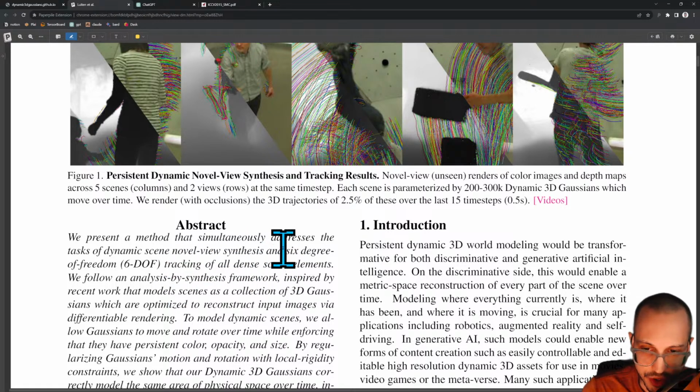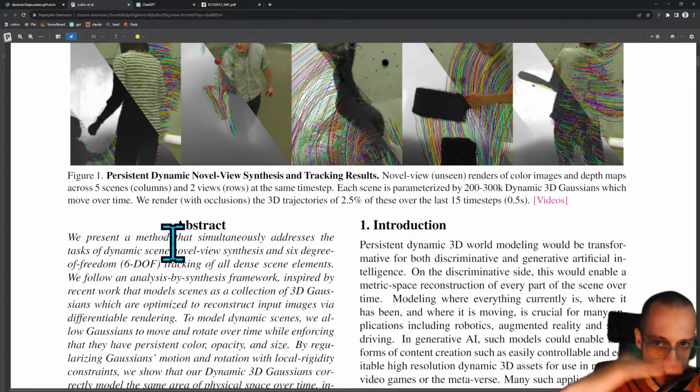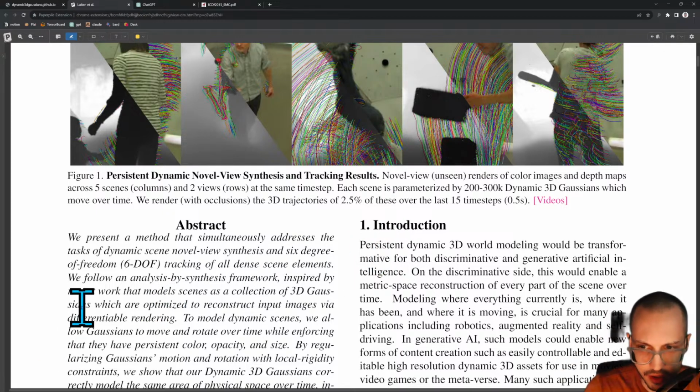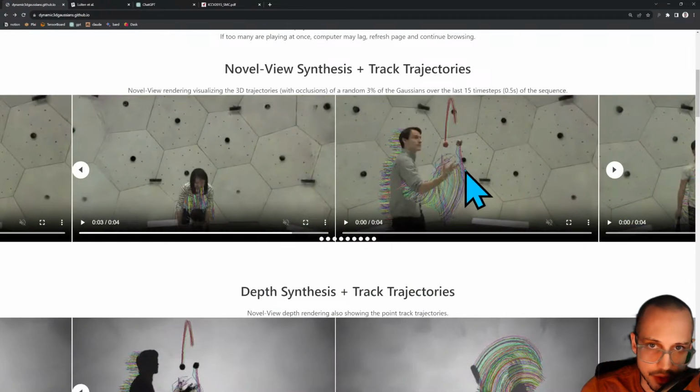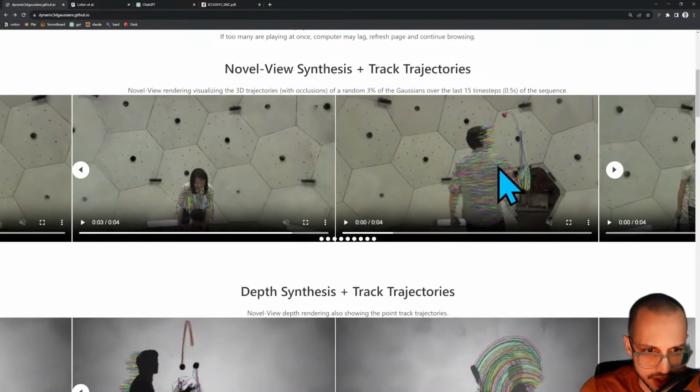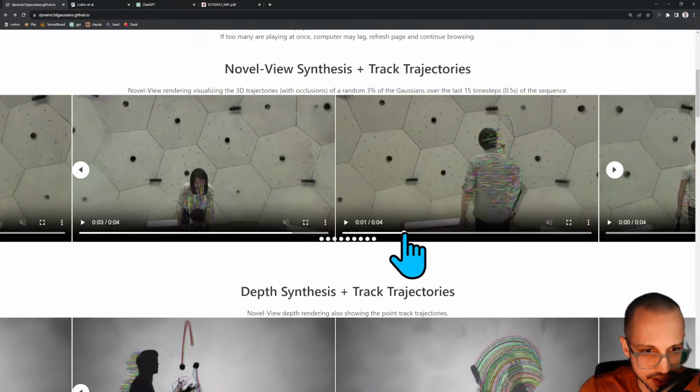6 degree of freedom tracking. Degrees of freedom, I guess, are X, Y, and Z, and then the 3 rotation degrees of freedom of all dense scene elements. So I think what they're referring to, especially in these visualizations, is this kind of rainbow stripe that's leaving the body.